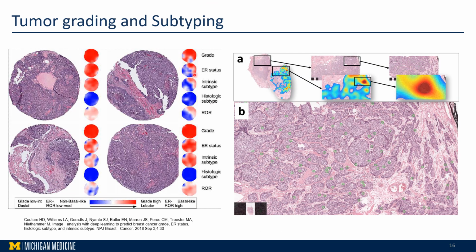In addition to detection, these modules can quantify tumor grade, hormone receptor status, subtypes, and recurrence risk with reasonably high accuracy by analyzing the H&E pixels on the digital slides.